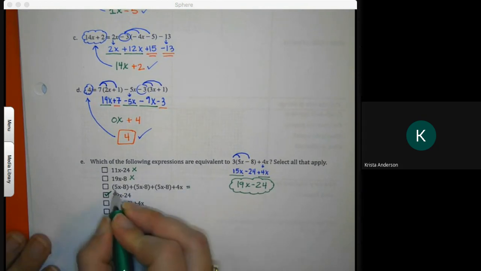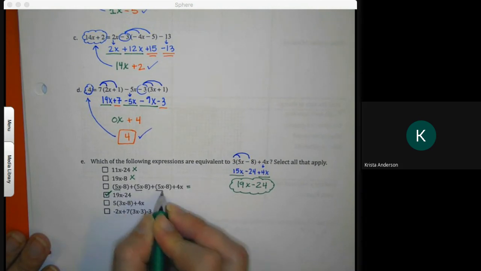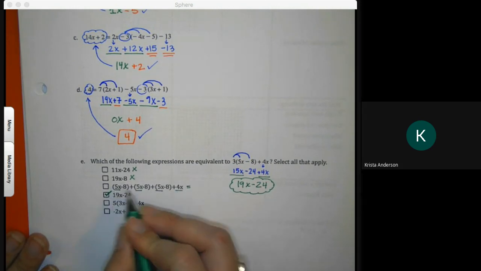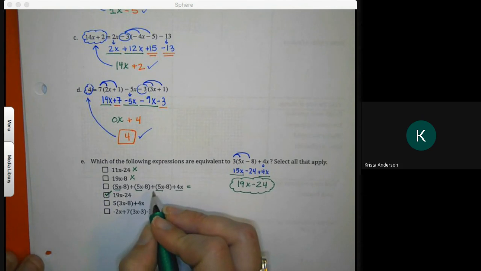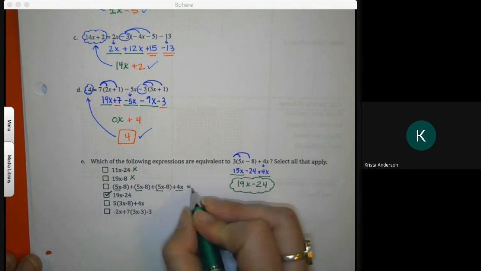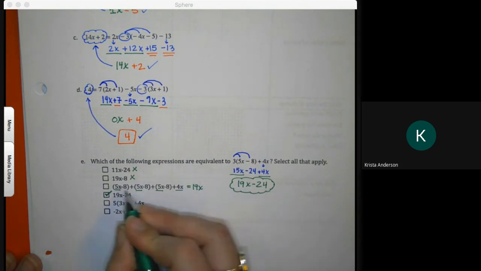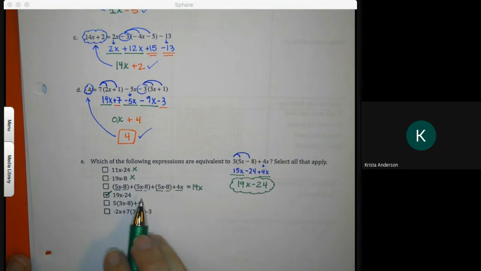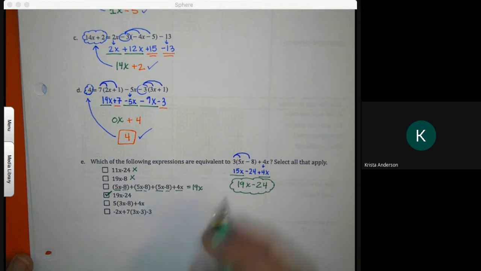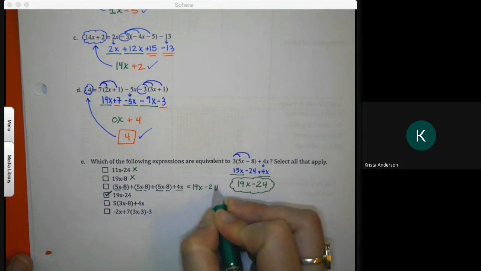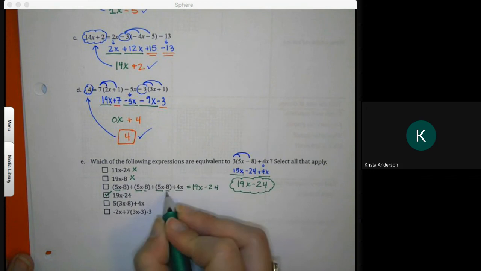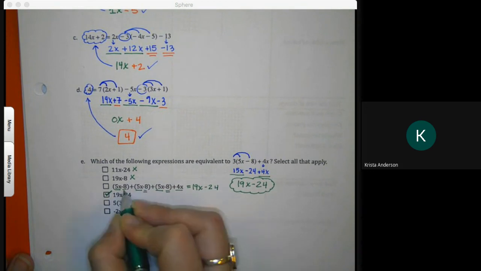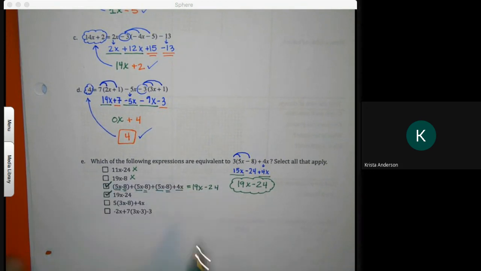Right, I'm going to combine. What's 5 plus 5 plus 5? 15 plus 4. And what's negative 8 minus 8 minus 8? Negative 24. This one works. That gives me 19x minus 24 when I combine my like terms.